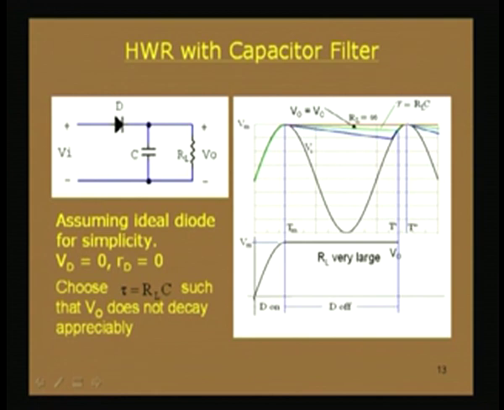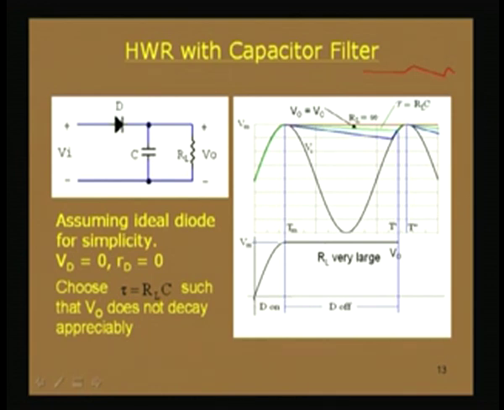After this point the input voltage is lower than the capacitor voltage, so discharging will take place. So, charging and discharging will go on, finally giving a voltage which has a ripple. It is not a constant voltage, but it will have a ripple.